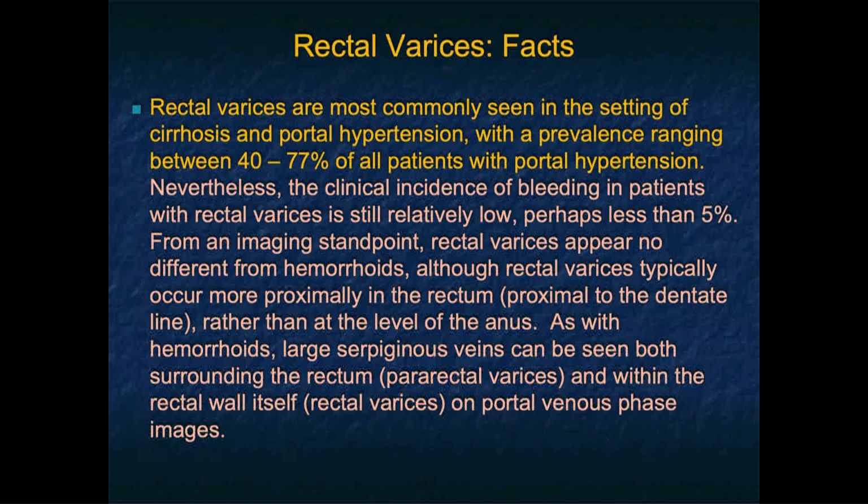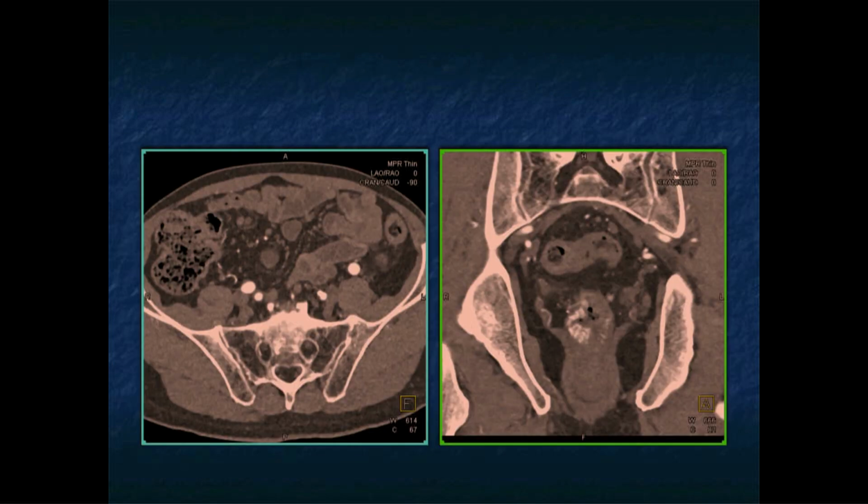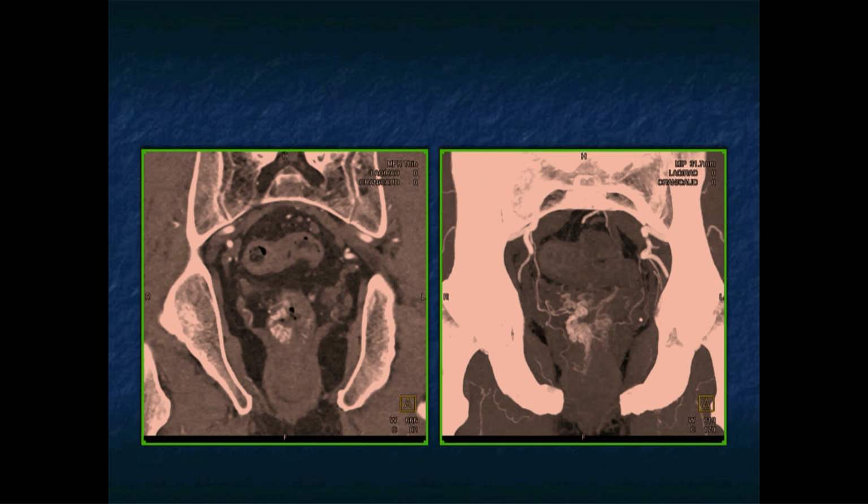And in the presence of cirrhosis and portal hypertension, you want to look very carefully because look how extensive the varices can be. Those patients are often a challenge. They have multiple comorbidities, but it is a common source of GI bleeding, very nicely shown in these examples. So it's a really important thing to look at very carefully.